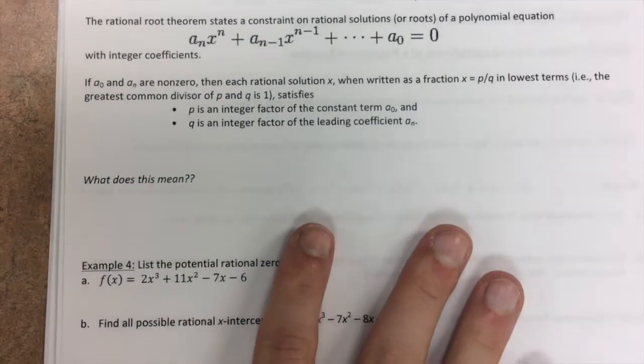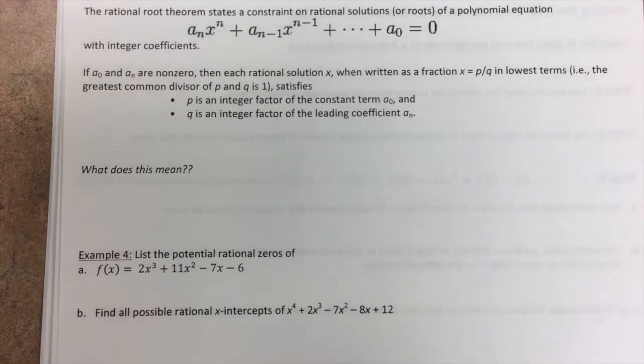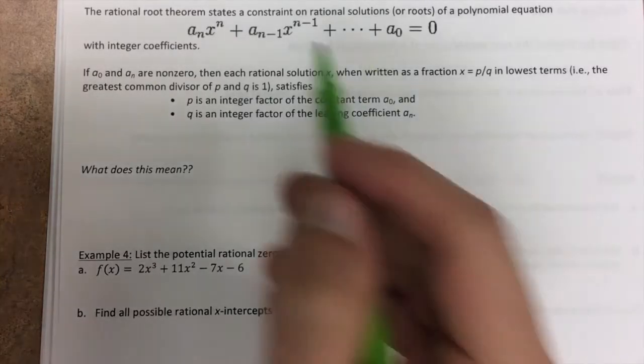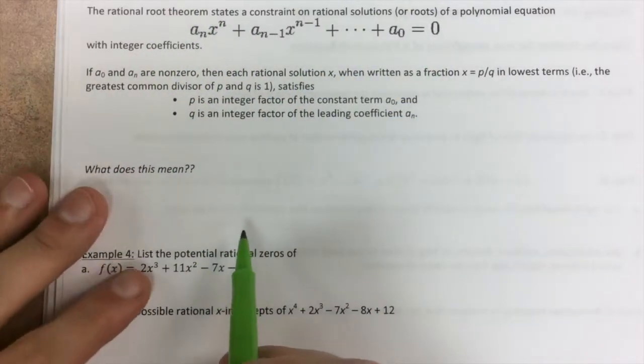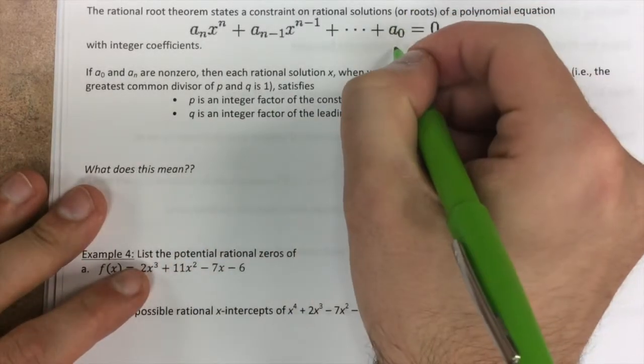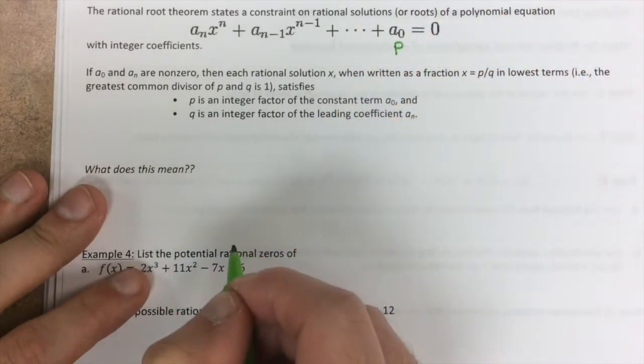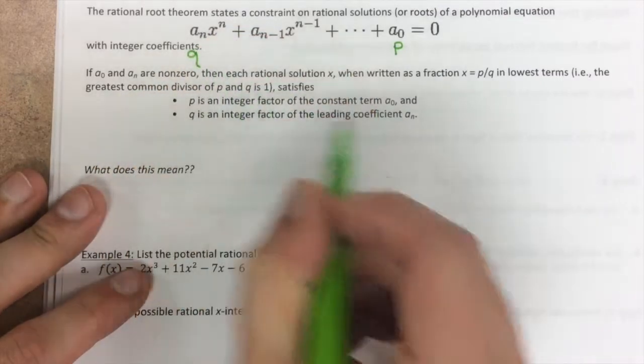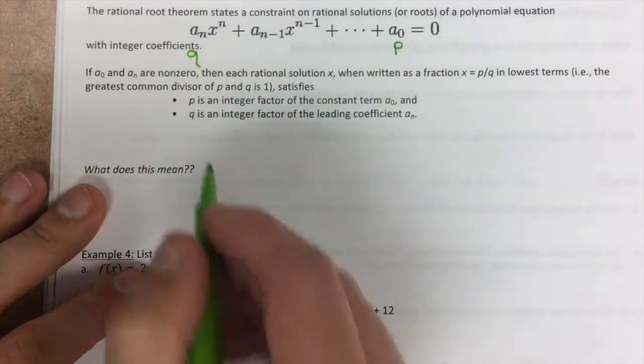That's super complex. Well, if you can look at our polynomial, so this is what it means. We can write p and q are our first number and our last number.